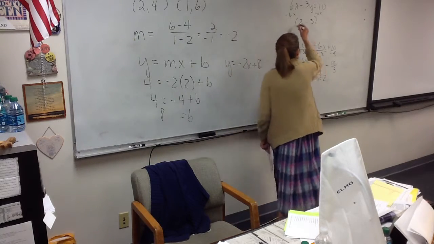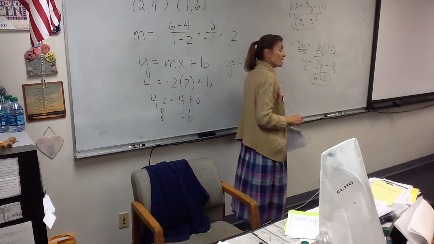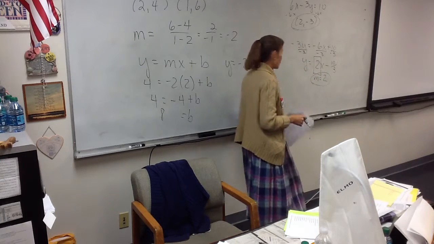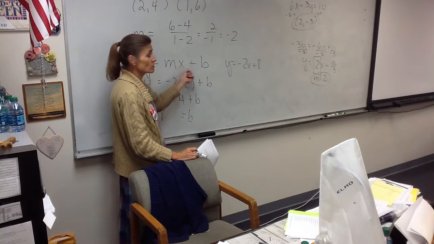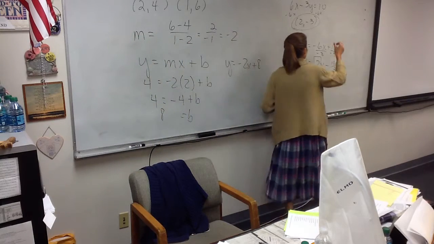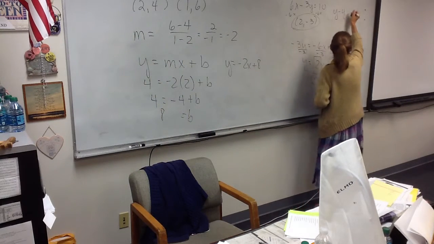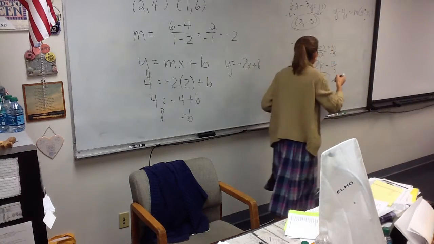Now I'm going to use this point, and I'm going to use this slope. And this time, I'm going to use point-slope form. Remember, you got a choice. Over here, we use the slope-intercept form, which is fine, doesn't matter. But for those of you that like to practice the other way, I'll do the point-slope form. And again, it's just a matter of plugging in.